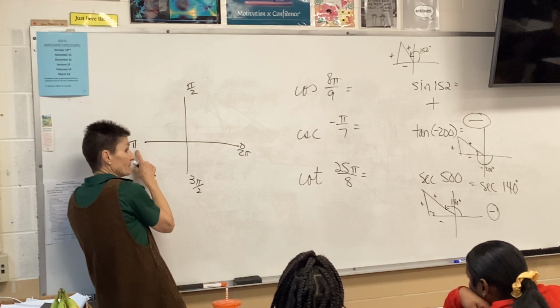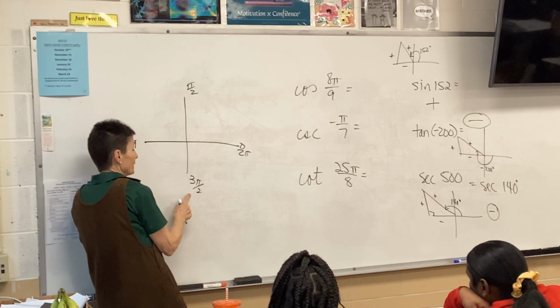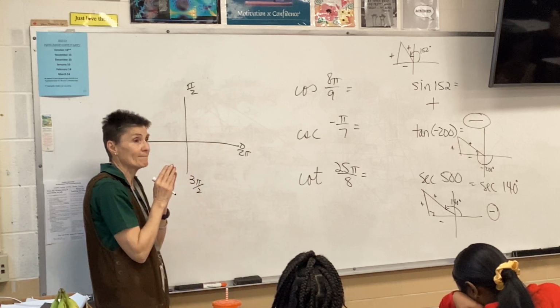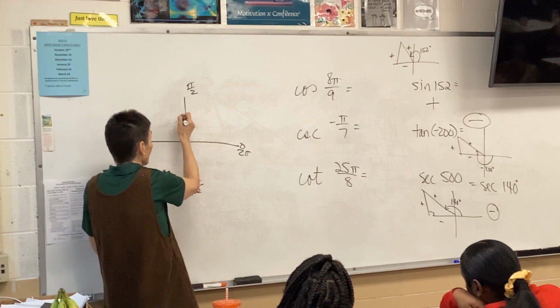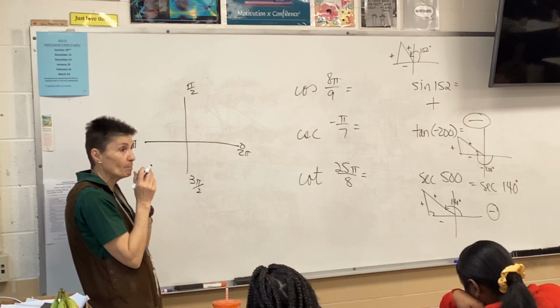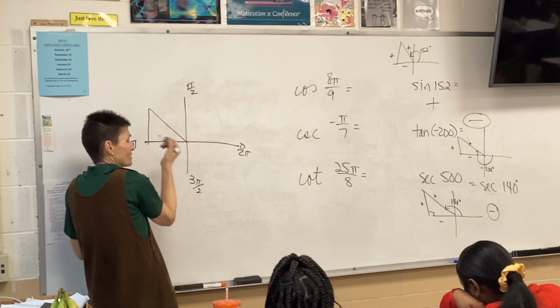Pi is 180. 90. 270. So where would 8 pi over 9 fit in this? Remember, you're going this way, going around. Where would 8/9 pi be? Oh, guess what? It's in quadrant 2 again. There are angles that aren't in quadrant 2.